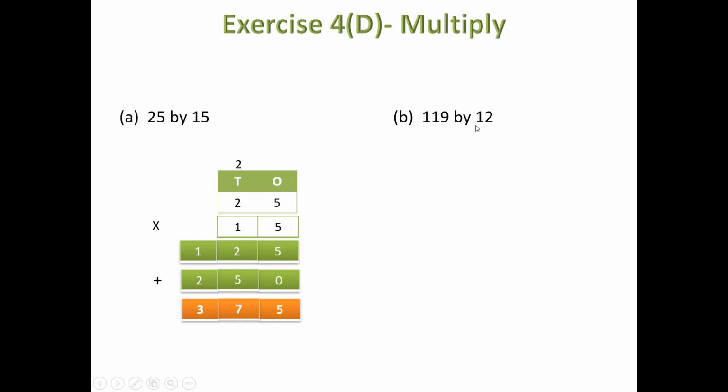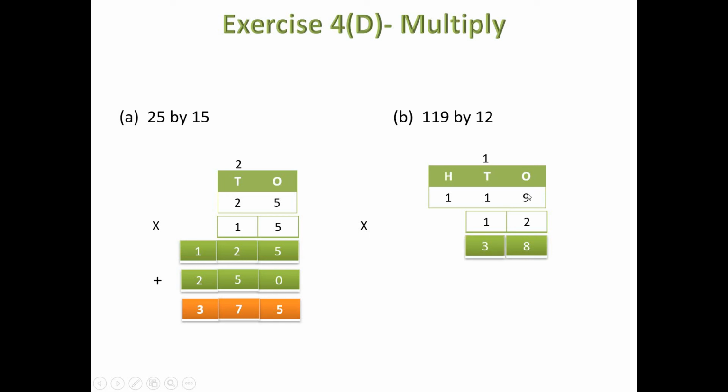Next is 119 by 12. So how do you write it? 119 multiplied by 12. The first thing is to multiply with 2. So 2 into 9 is 18. 2 ones are 2 plus 1, 3. 2 ones are 2.